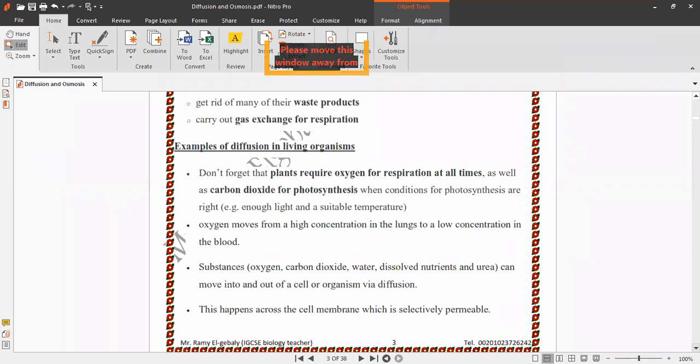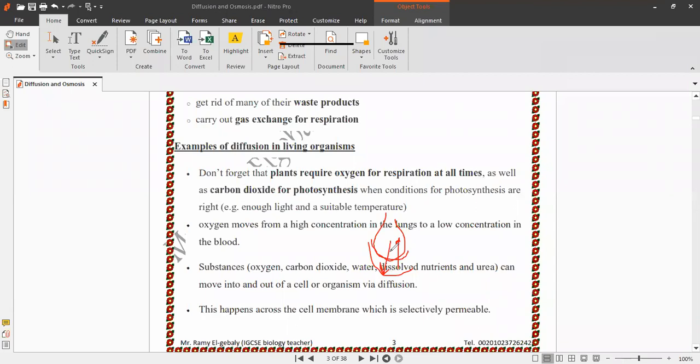Also oxygen moves from high concentration in the lungs to the lower concentration in the blood. And also carbon dioxide diffuses out, moving from higher concentration in the blood to the lower concentration in the alveoli or in the lung.